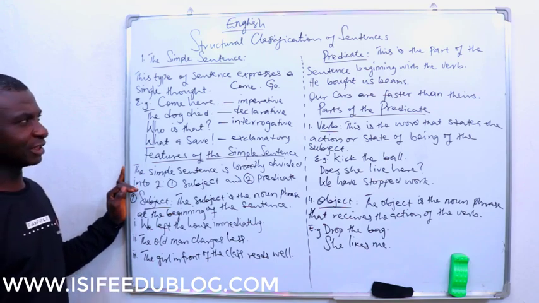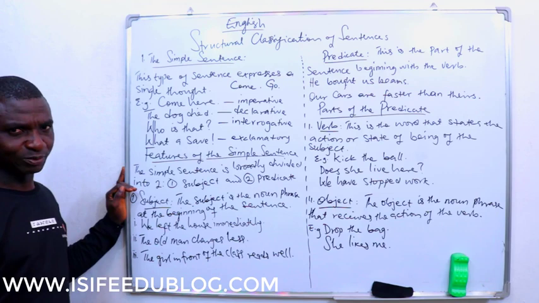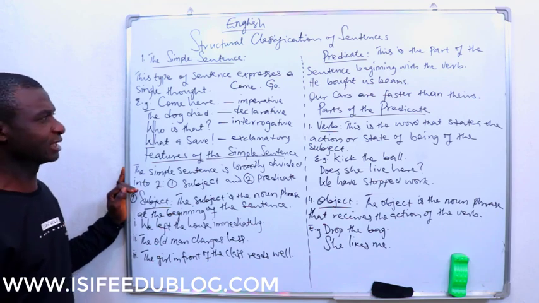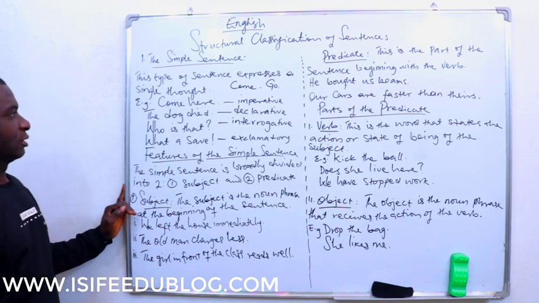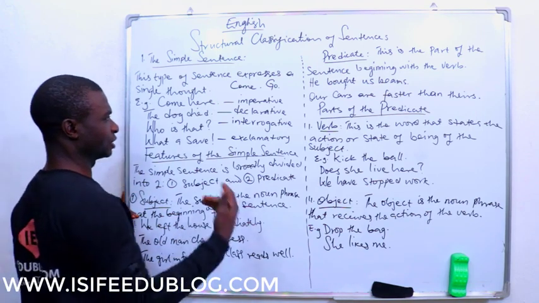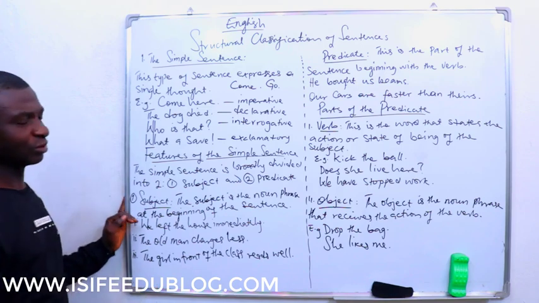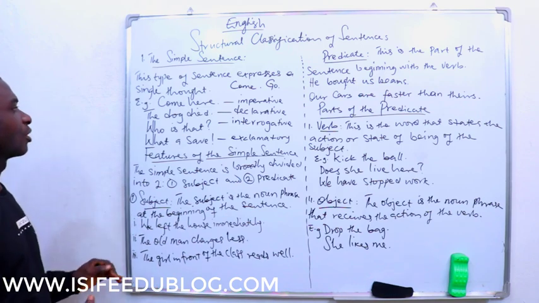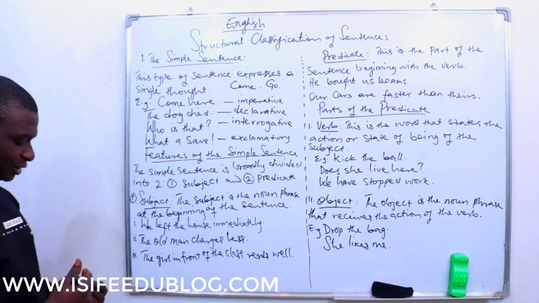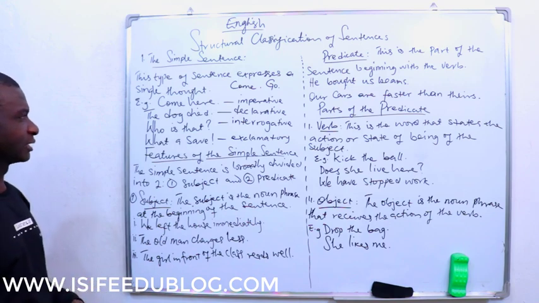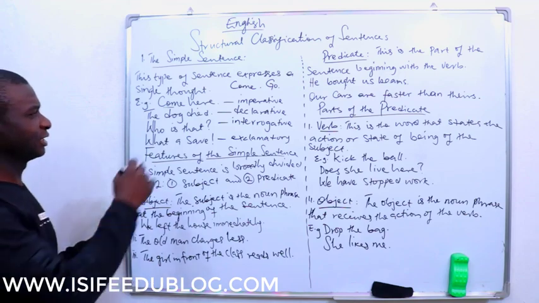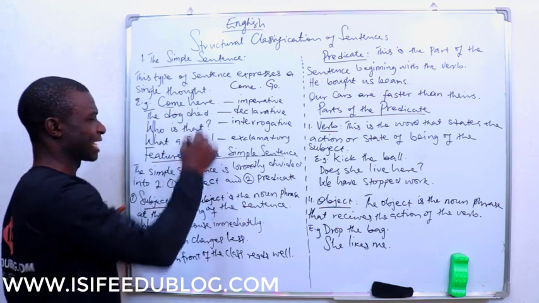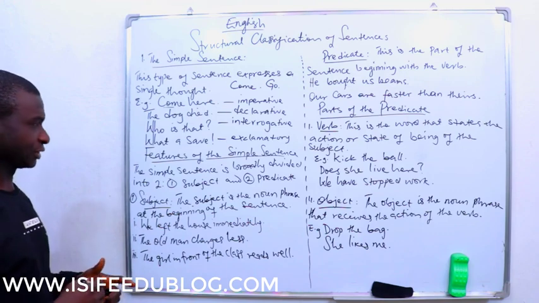Come here, that is specification now, stating where exactly the person is to come. Go away. But naturally, when you say come, you are understood. When you say go, you are understood. So here, come here is a simple sentence. Come is a verb, and here is an adverb which we call an adjunct in sentences.